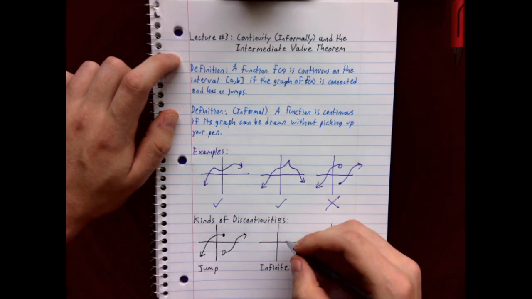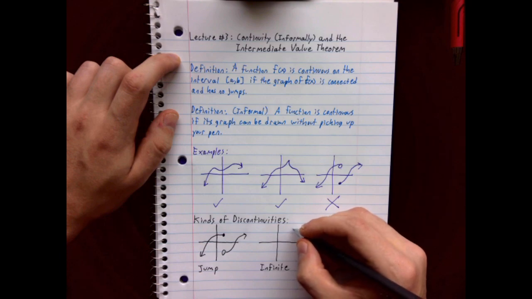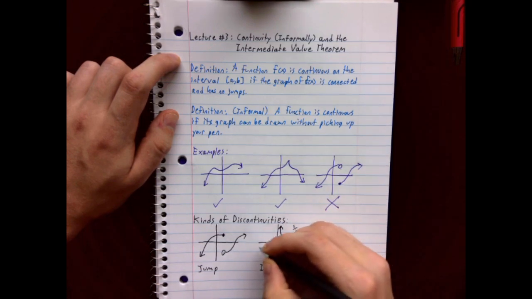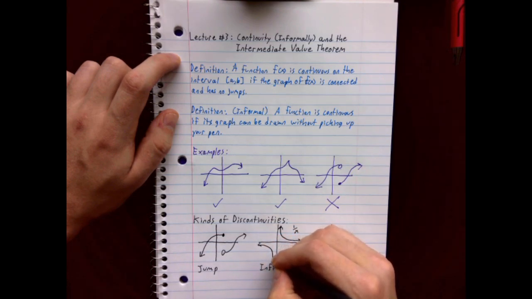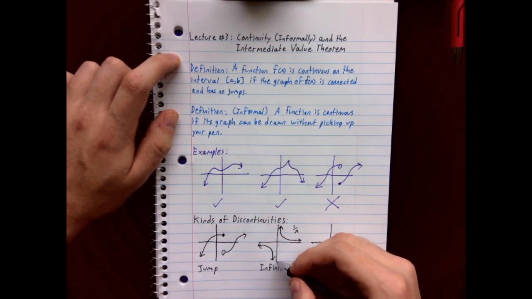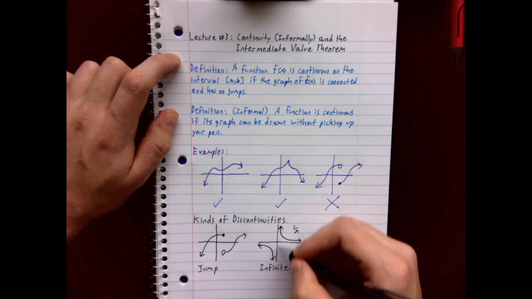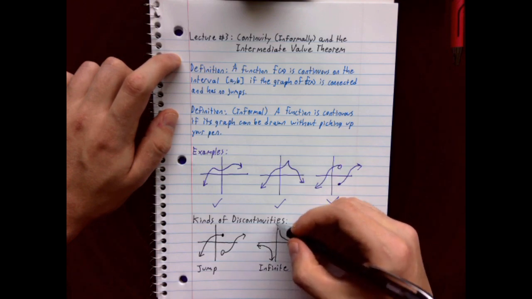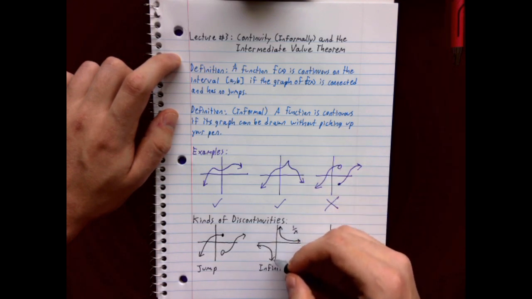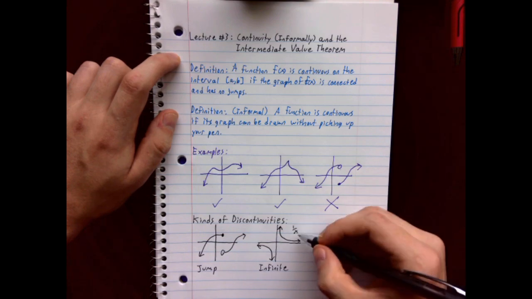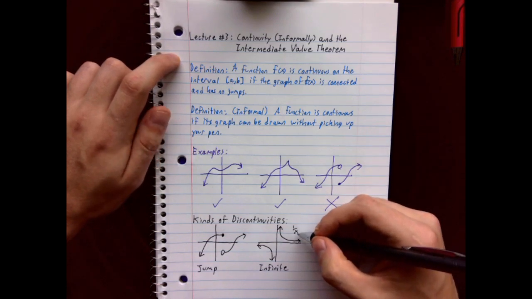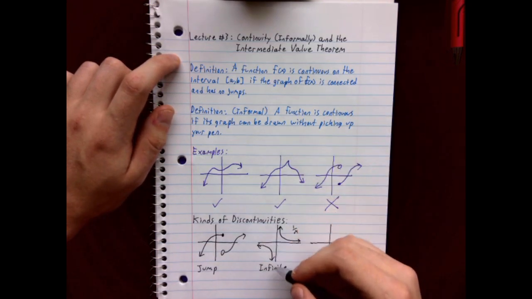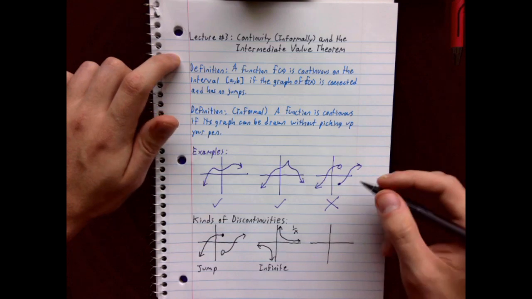If you recall the graph of 1 over x, its graph looks something like this, where the infinite discontinuity is happening when x is equal to 0. As x approaches 0 from one side or the other, it's going to shoot off towards positive or negative infinity. As x gets closer to 0, you're dividing by a smaller and smaller number, which is the same thing as multiplying by a very large number. So it has an infinite discontinuity at x equals 0.